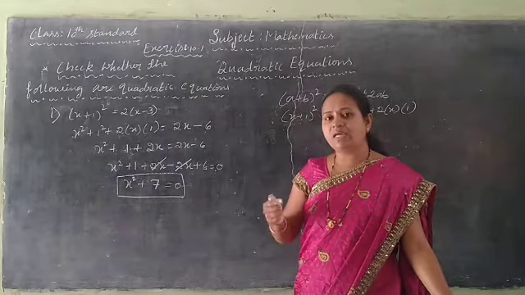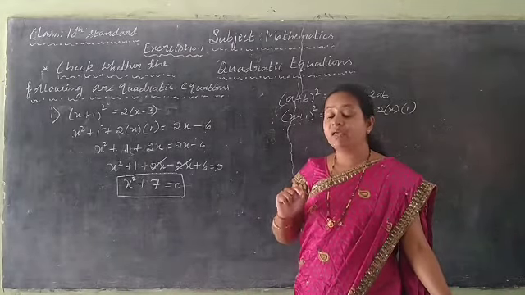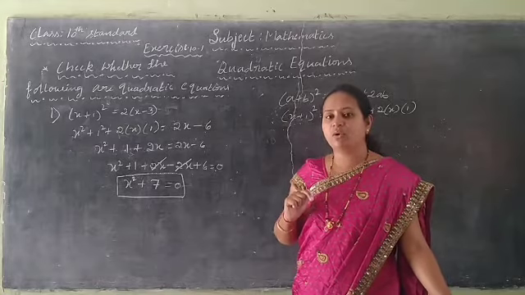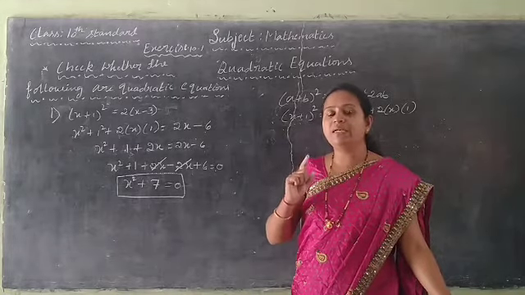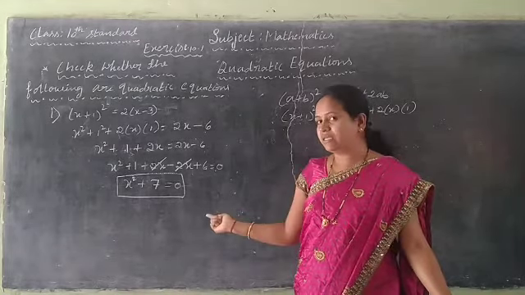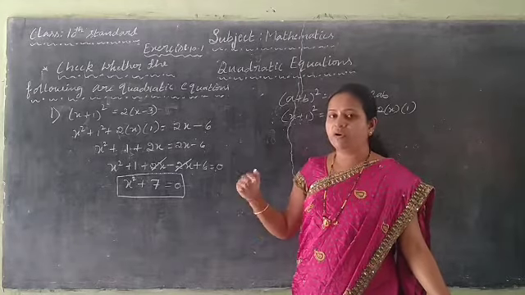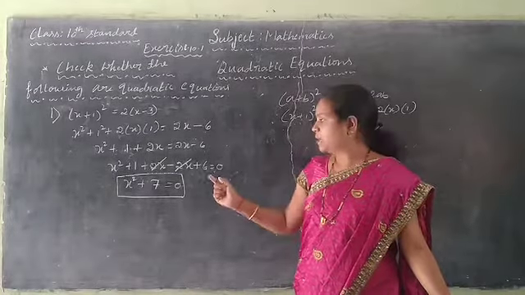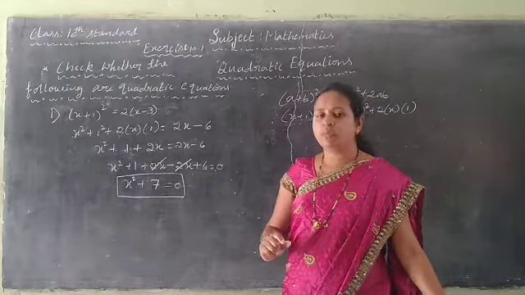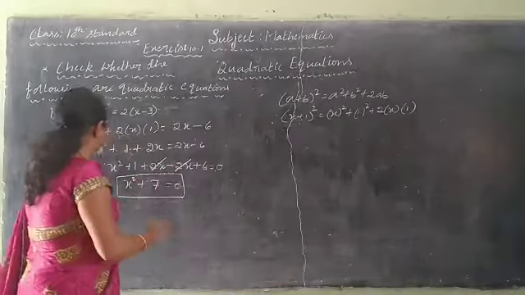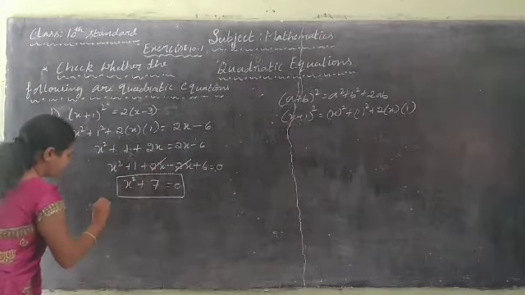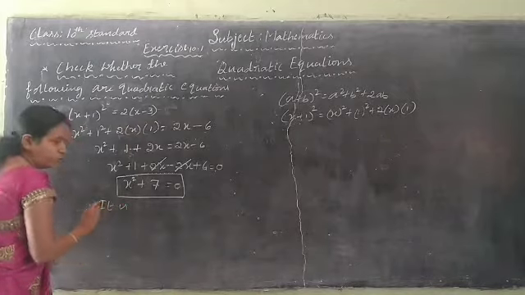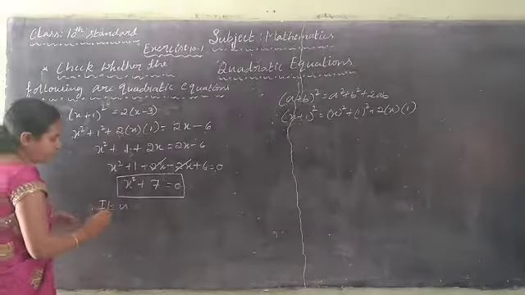Now whether it is a quadratic equation or not, it is a quadratic equation, children, because we should have only degree 2. If degree 1 is there, it's okay. If not there also, okay, children. But there should be degree 2. Therefore, at the end you have to write like this for all the problems.